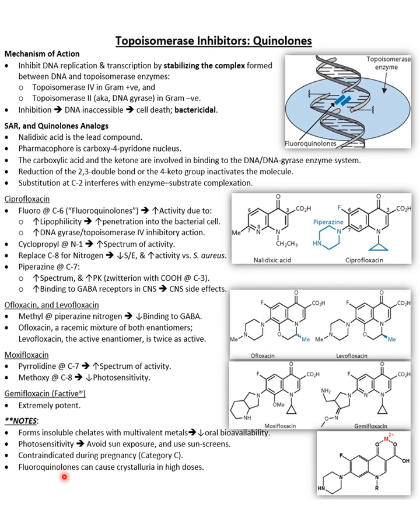And quinolones or fluoroquinolones can cause crystalluria at higher doses, which reminds us of the sulfonamides, except sulfonamides can cause crystalluria at normal doses, not necessarily at higher doses. And if you remember, patients were advised to alkalize the urine and drink a lot of water. This structure here shows only how the chelation complexes are formed. Okay.